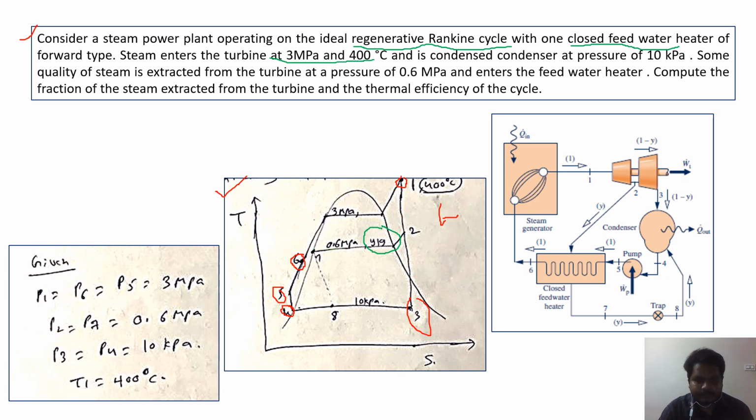So here the heat addition process is 6 to 1, with 3 megapascal at the inlet of the turbine and the temperature 400 degrees centigrade, which are given in the problem.